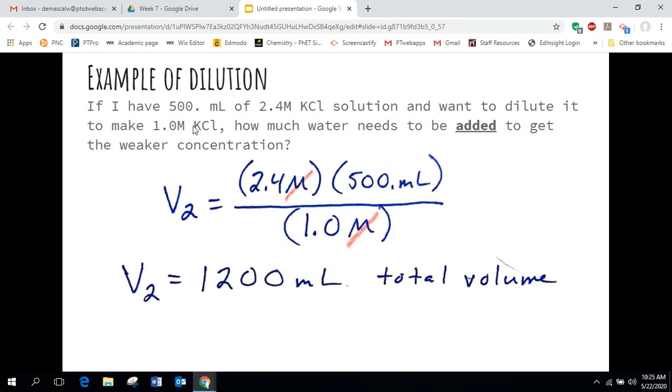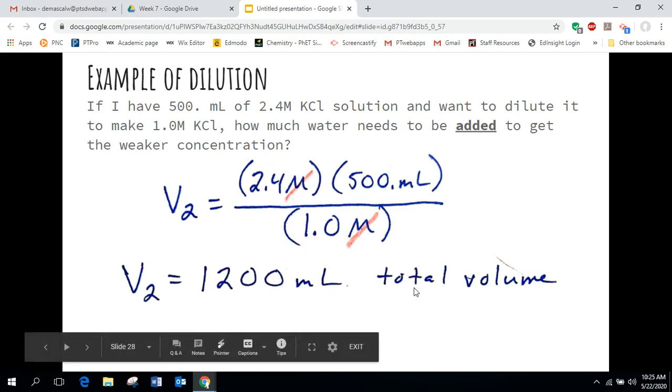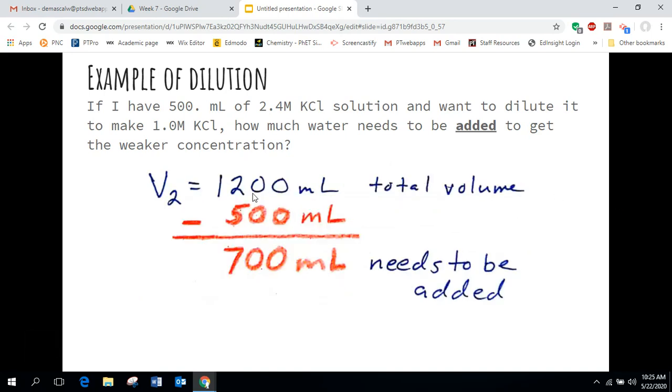If we already have 500 milliliters and we need to get a final volume of 1,200 milliliters, we need to subtract the original volume from that 1,200. To get our original solution to 1,200 milliliters, we would have to add 700 milliliters to it.